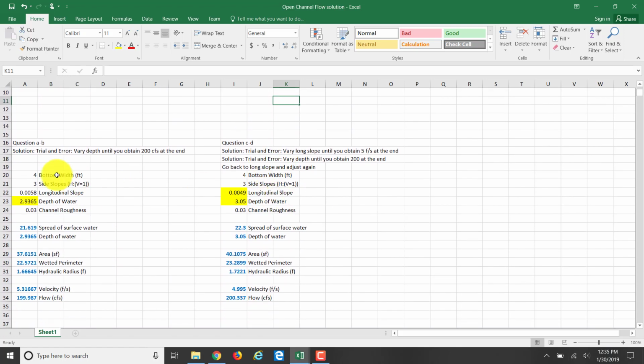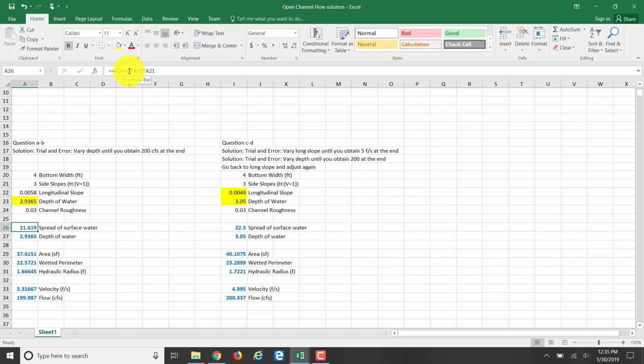So hopefully that gives you an idea of what's going on here. Again, how I started was I just entered all this information in. So this is what I'm going to be playing with, are the items that are highlighted in yellow. My spread of the water is the bottom depth. I have the side slope times the depth of the water.